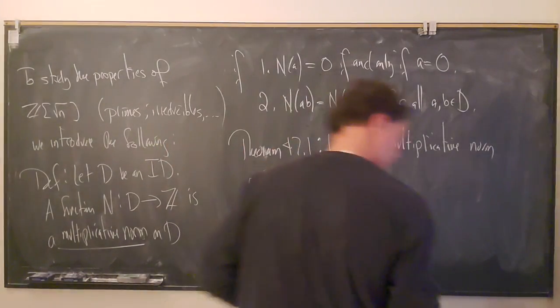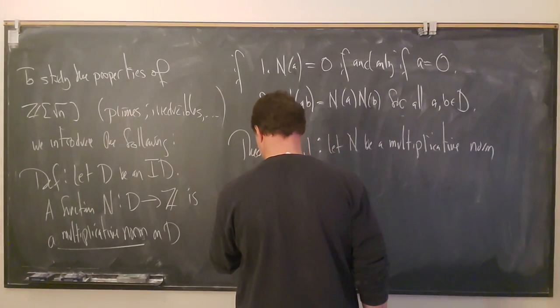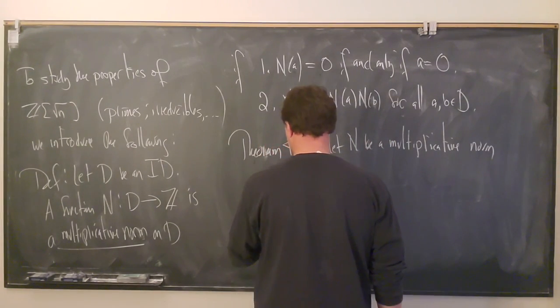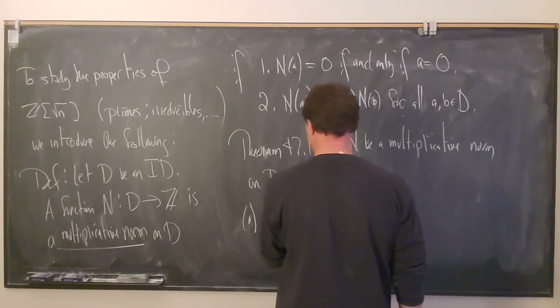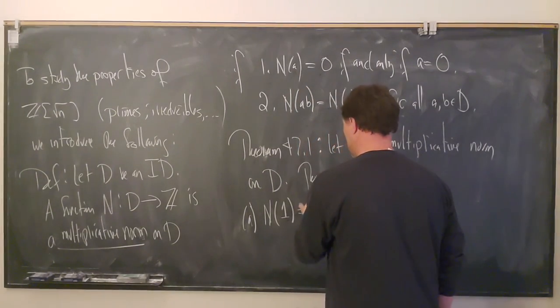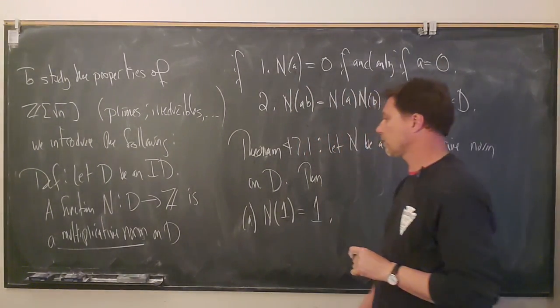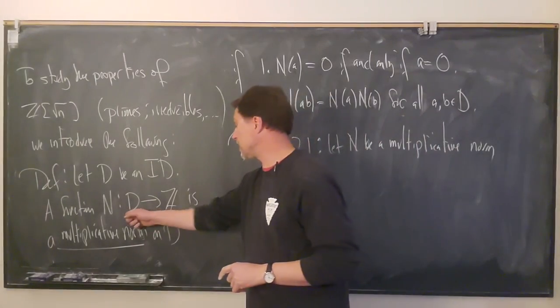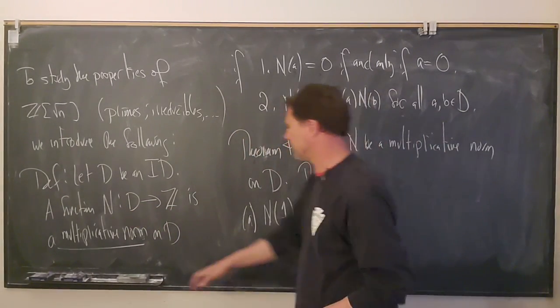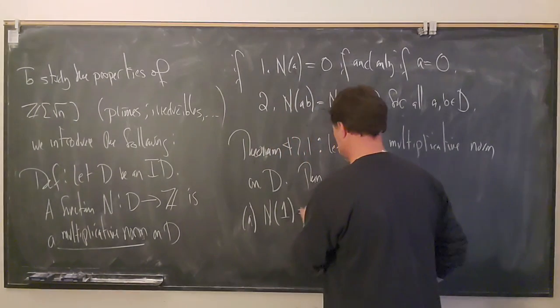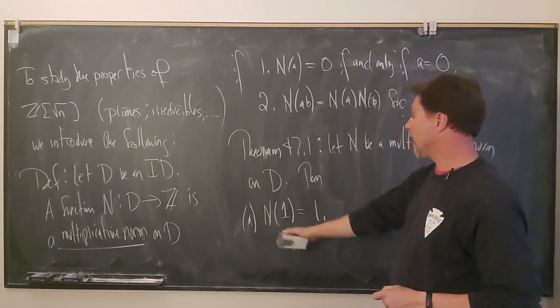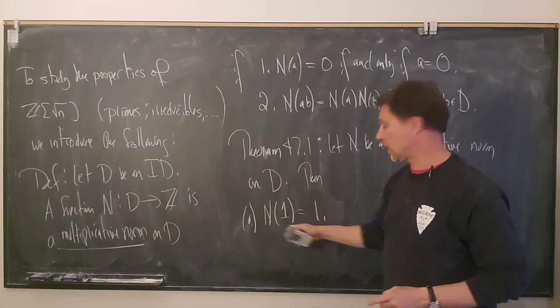First of all, a multiplicative norm takes the multiplicative identity to the number 1. Remember, a norm goes from D to the integers. So here, let me write this as just my usual numeral 1. It takes the multiplicative identity, the unity element, to the number 1.